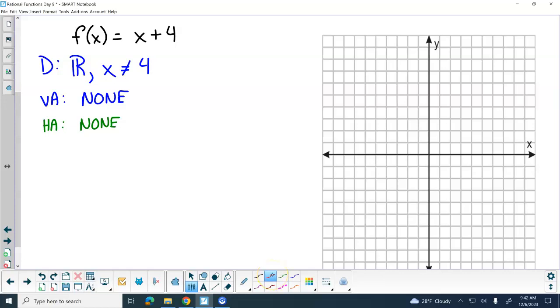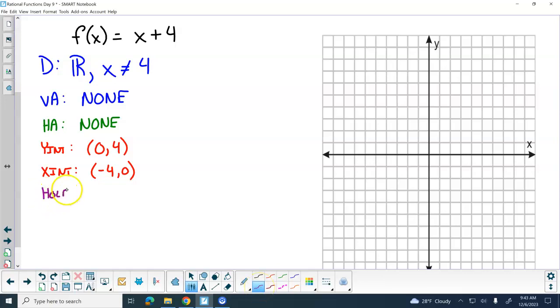Exactly. Y-intercept. What's my y-intercept? 0, 4. X-intercept. What's my x-intercept? -4, 0. Okay. What's next?